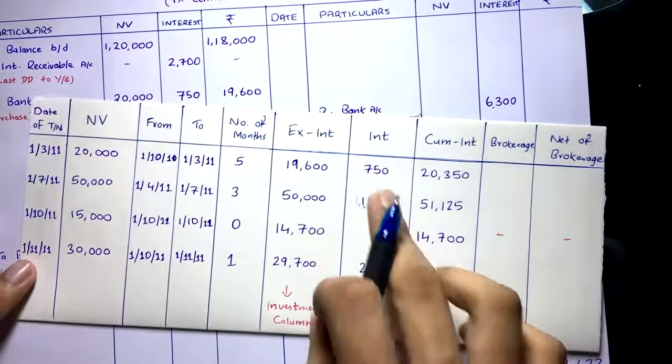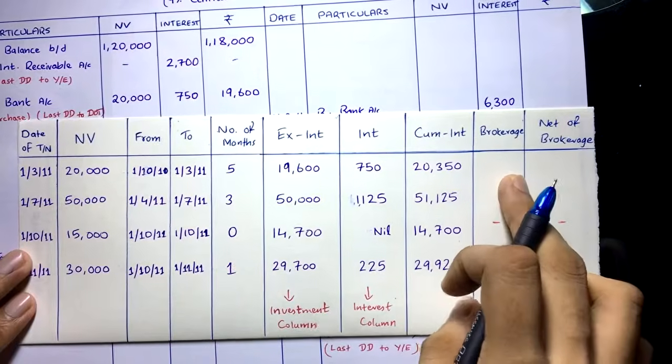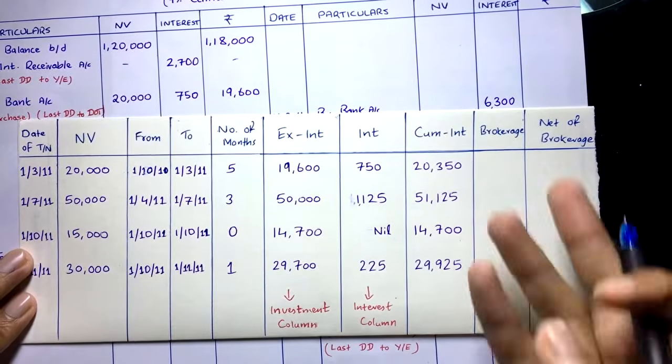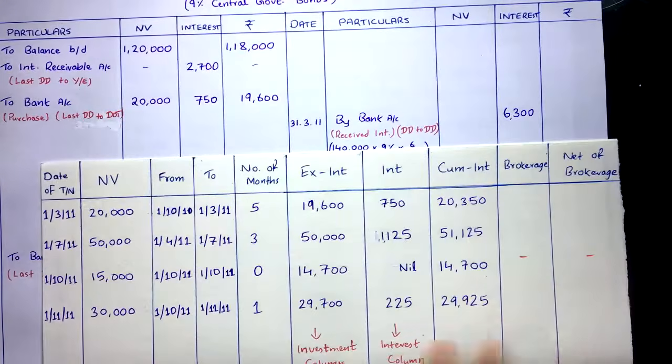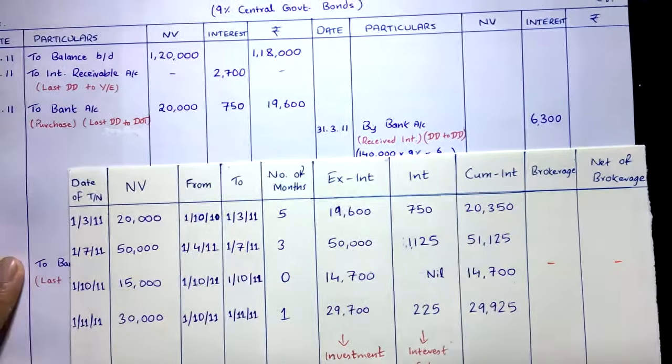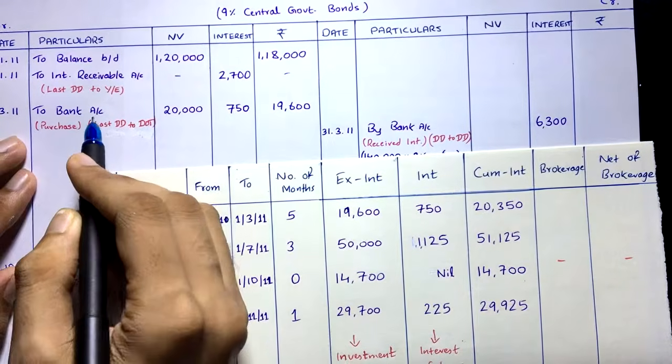So you are done with the first transaction, the purchase. You calculated the interest and added it to the ex-interest to get the cum-interest. In this question there is no brokerage, so those two columns will be empty. Whenever you purchase in the investment account, on 1st March you take to bank account because you pay the money.